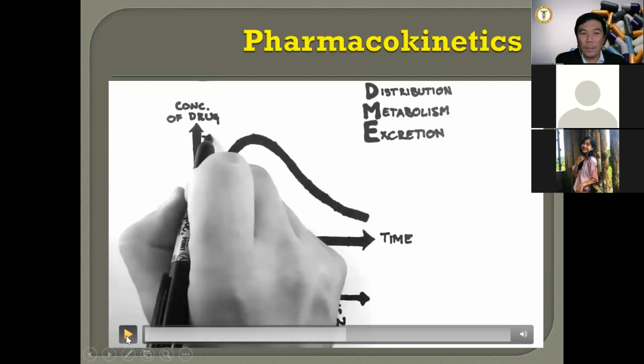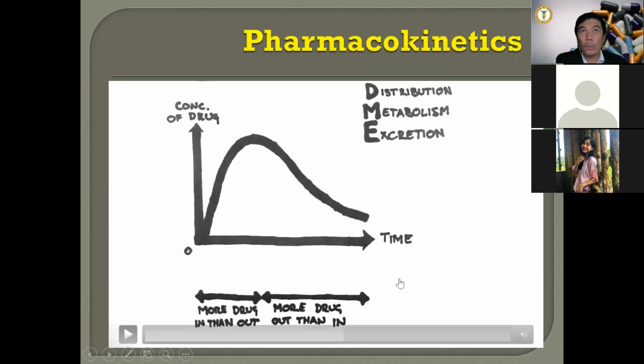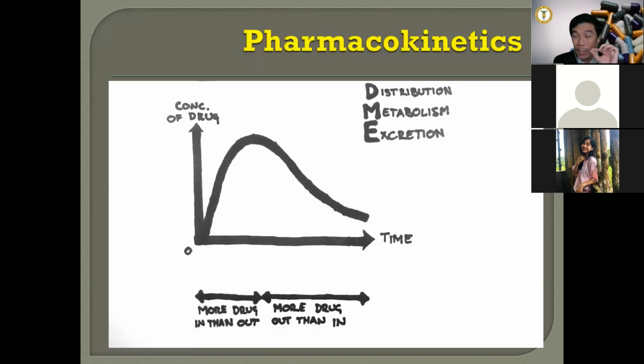Now, when it comes to the mention that excretion of the drug is faster from the time that it enters the body, that is very true, because when the drug comes in and reaches the plasma, the one that will be carried by the plasma is only the appropriate percentage of the quantity of the drug that will be circulated in the body.